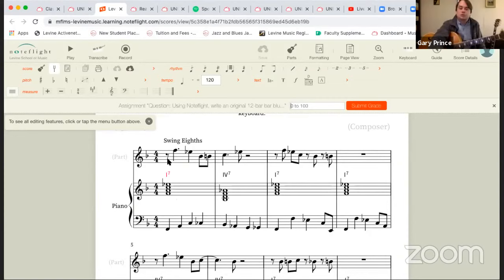And then I also wrote in a specific rhythm just on one note. And then the task was to, using the blues scale and using specific ideas about what the blues form should be, modify each note head to create an original melody. So let's listen back to what Jeffrey created.